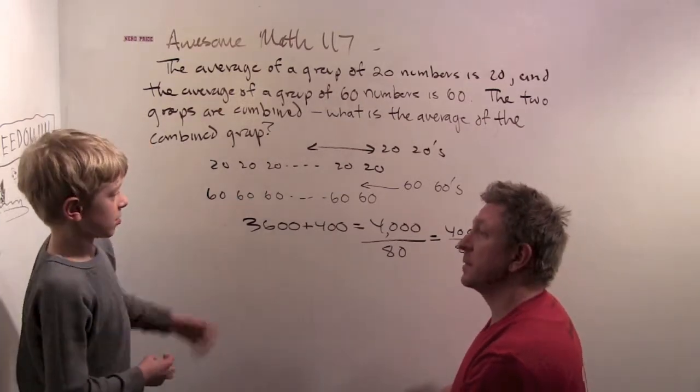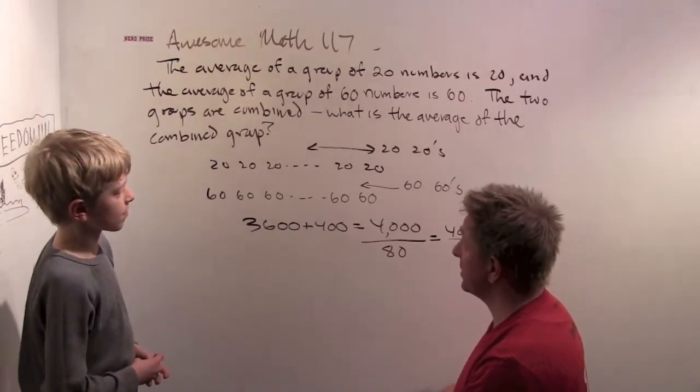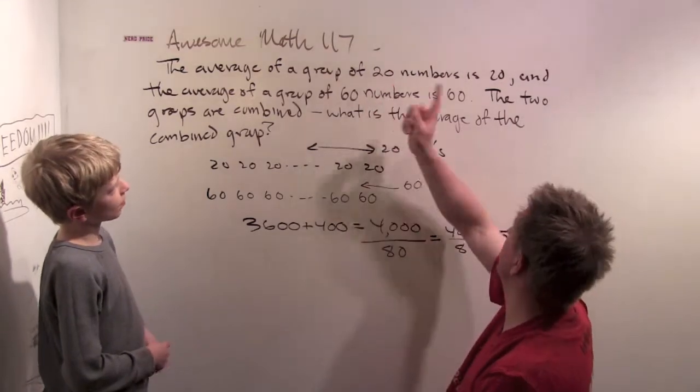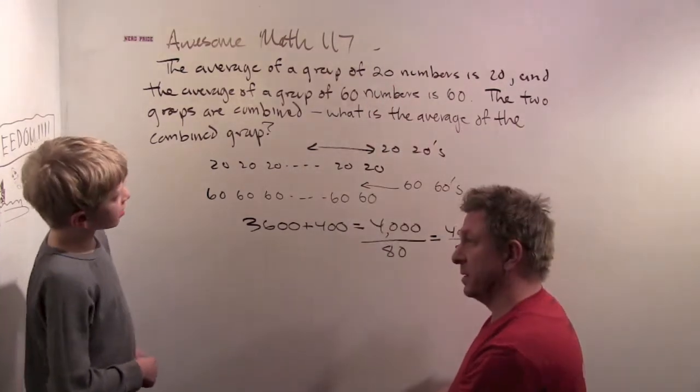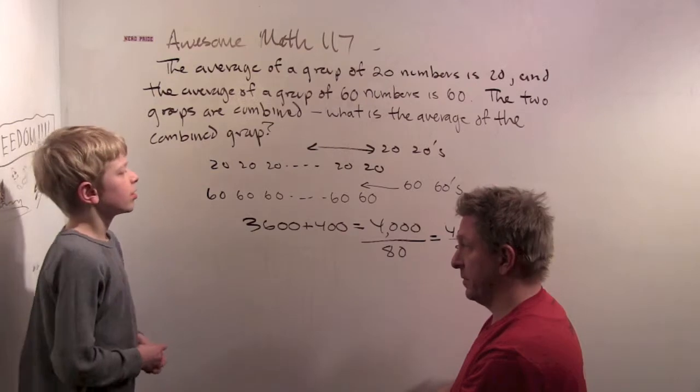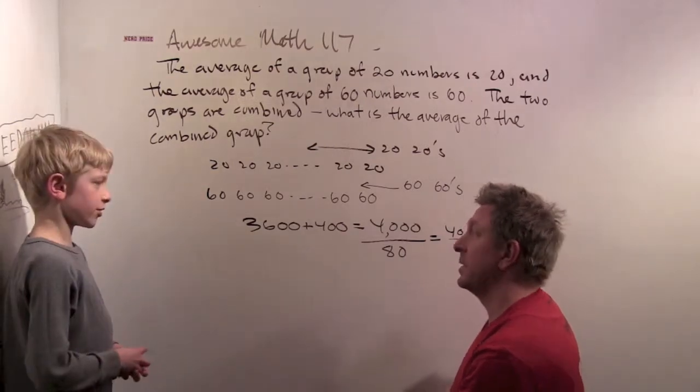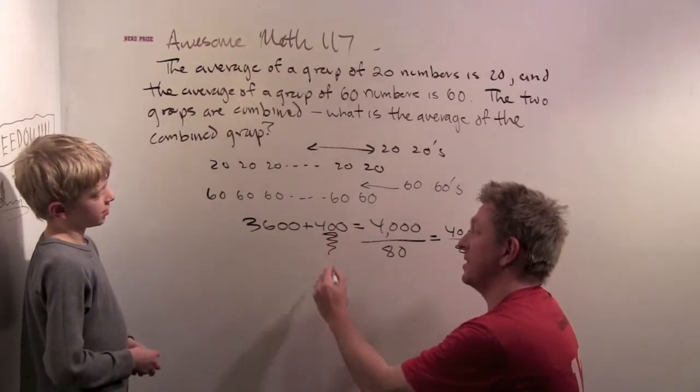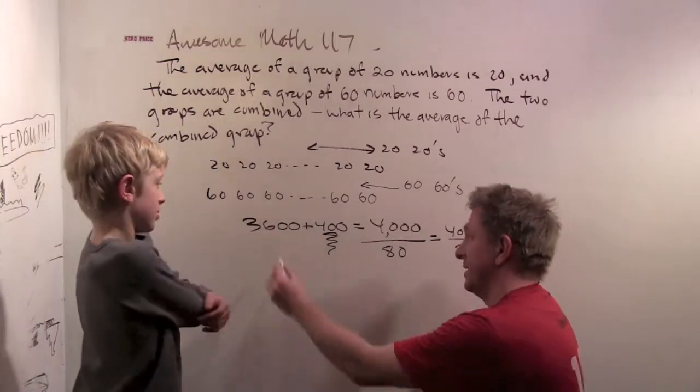We could find that number. Ah, very interesting. So what does it mean that the average of a group of 20 numbers is 20? It adds up to 400 always. And the group of 60 always adds up to 3,600.